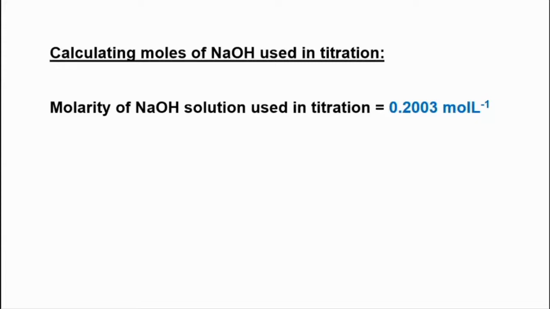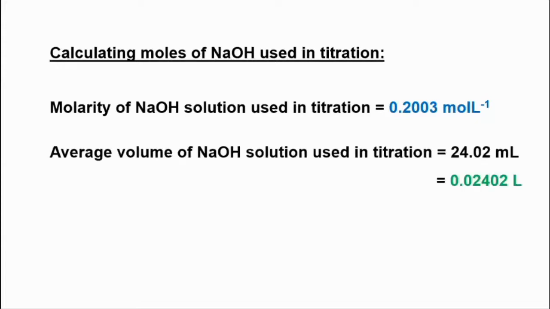Yes, this molarity was determined from part B just now, so you are going to use the value that you have obtained from part B. Then this is the average volume of sodium hydroxide solution used in this titration, 24.02 mL, and then we convert it to liters.